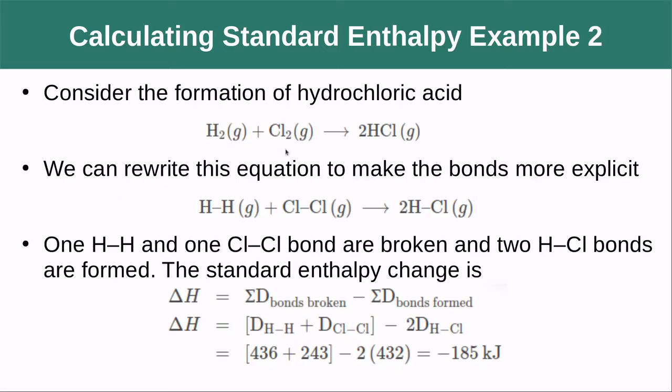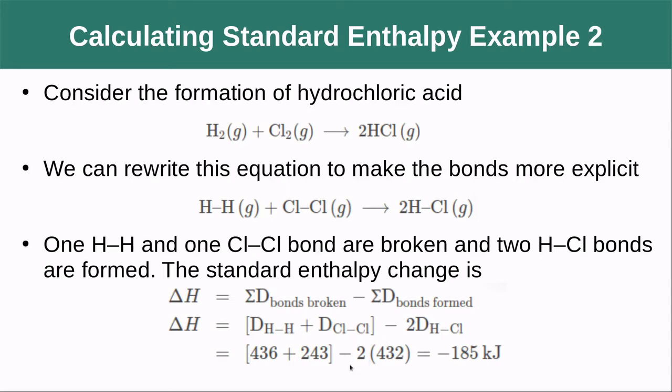We can consider the formation of hydrochloric acid. Here we've broken an H-H bond and a Cl-Cl bond, and we formed two HCl bonds. Our bonds broken are going to be for the energies of the H-H and the Cl-Cl bond. We're going to subtract out from that the energy in that HCl bond.